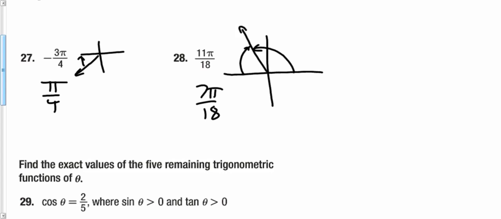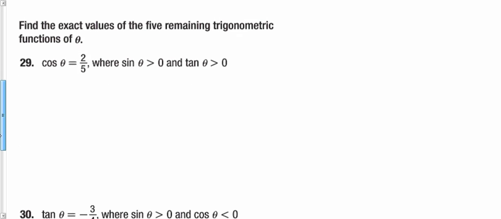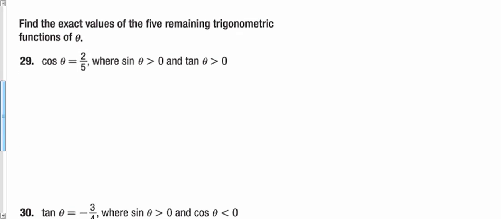Okay. And then the next type of question is find the exact values where the cosine is 2 over 5. So for this, we're going to have to figure out the other side. Cosine of theta is going to be x over r, which is going to be 2 over 5.